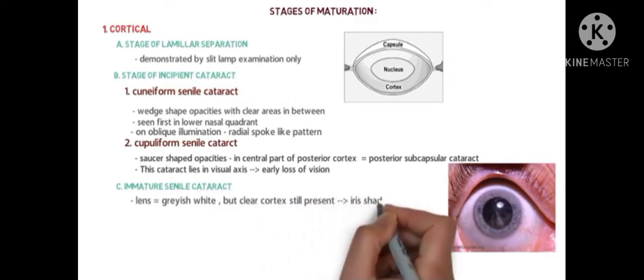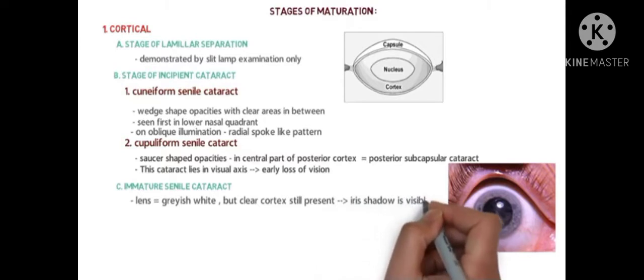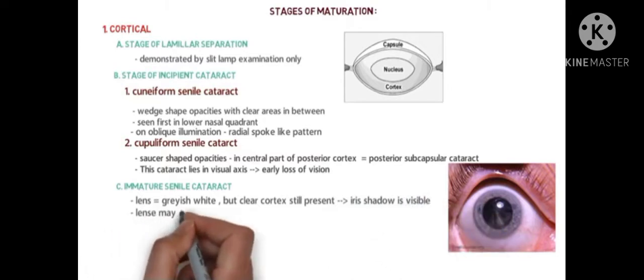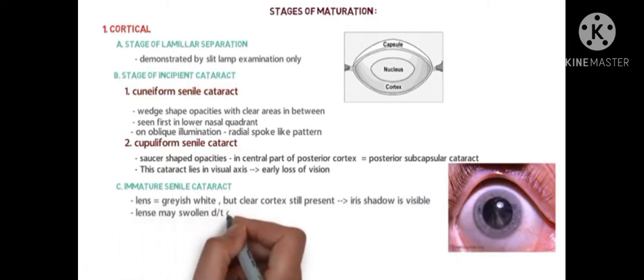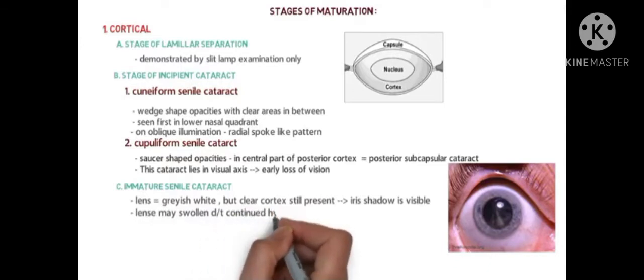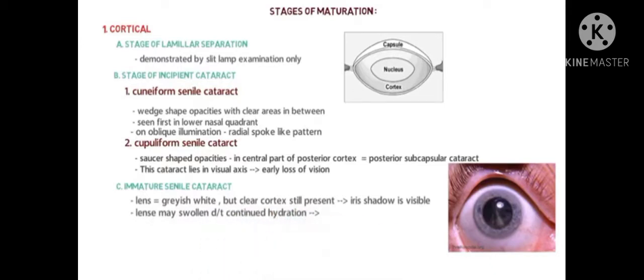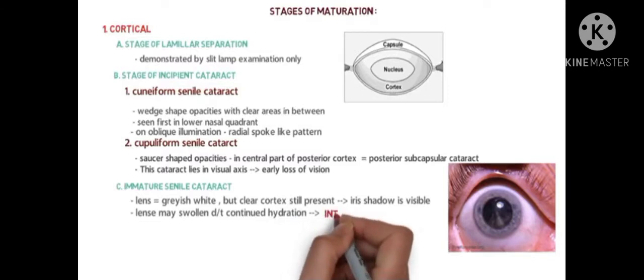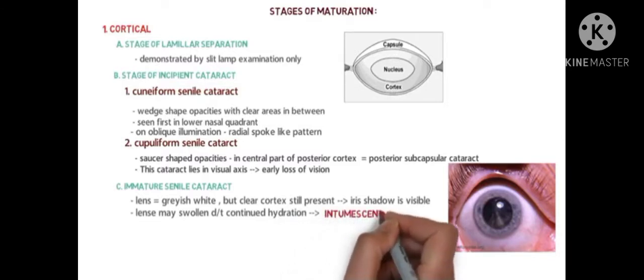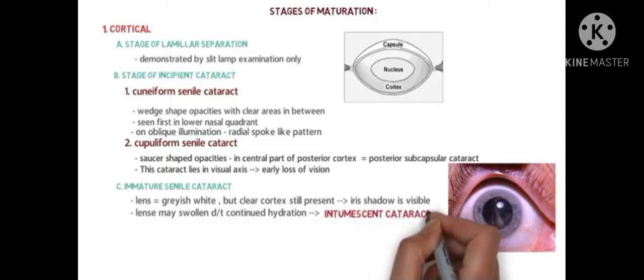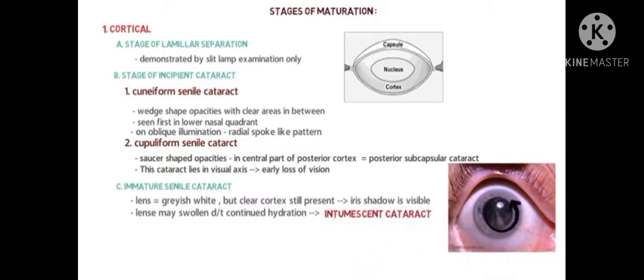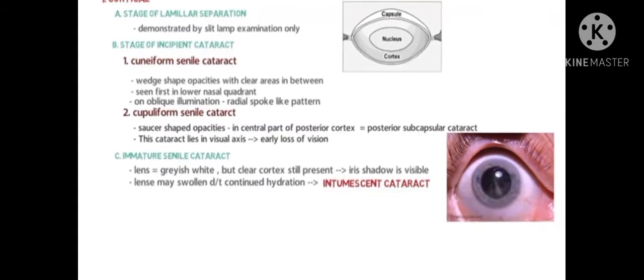At this stage, the lens may swell due to continued hydration because of progressive opacification. If this occurs, it is called intumescent cataract, swelling of the lens due to continued hydration. Look at the diagram. This is immature senile cataract.